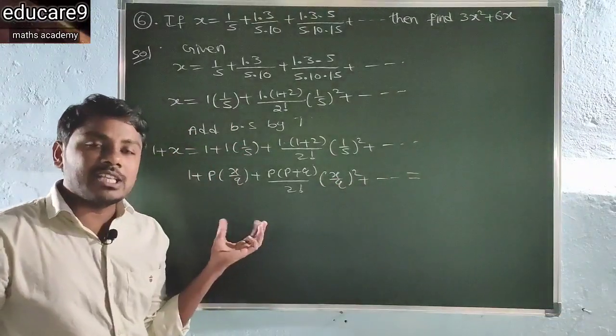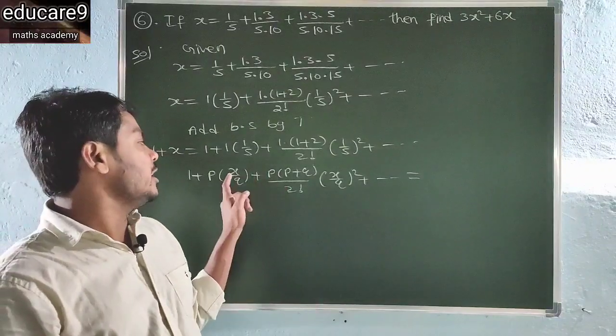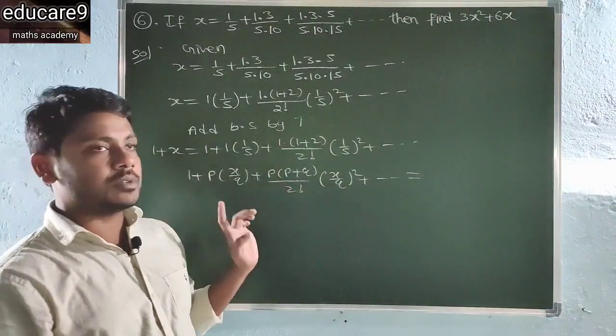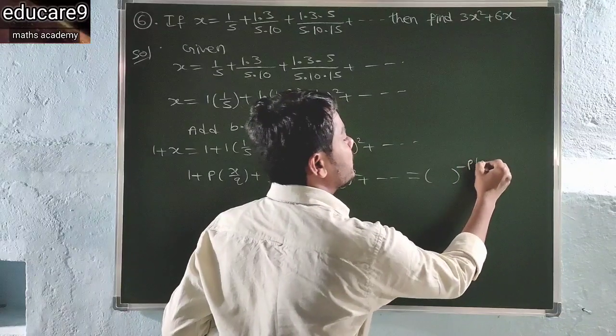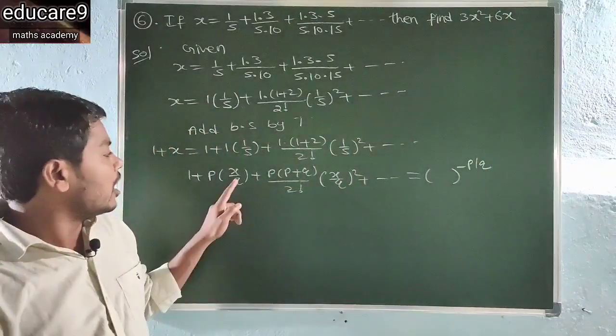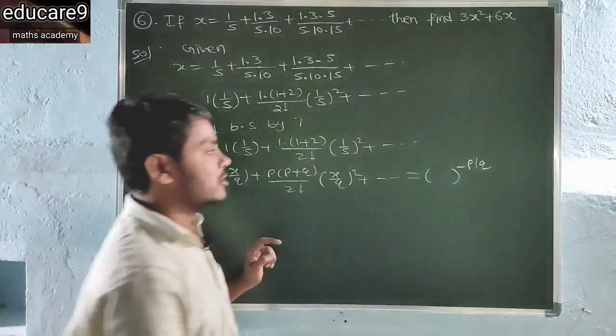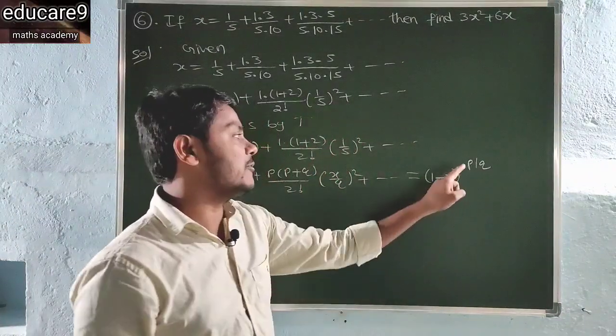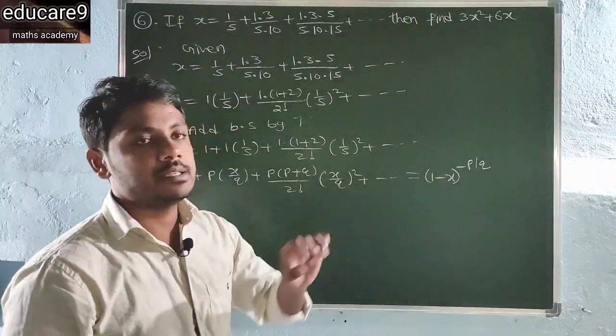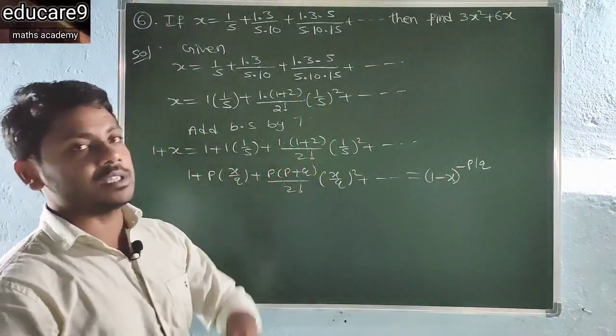So you know what this expansion is? Clearly the numerators are sums of terms, so clearly the powers should be negative, and all are positive signs. So clearly in between 1 and x is minus, because both are the same signs, then only you will get the same signs.